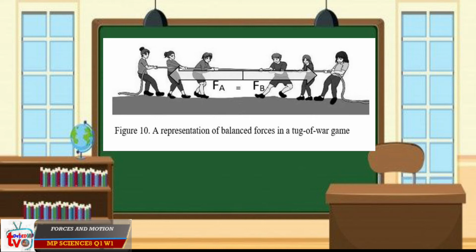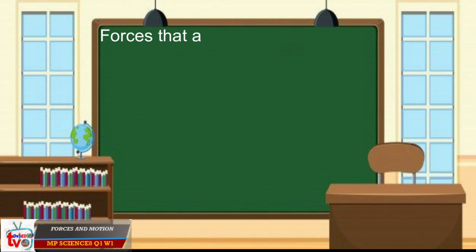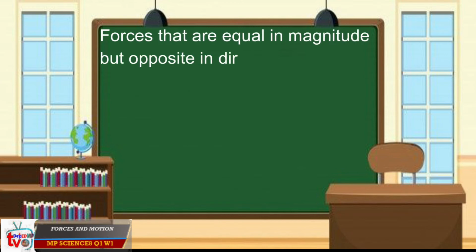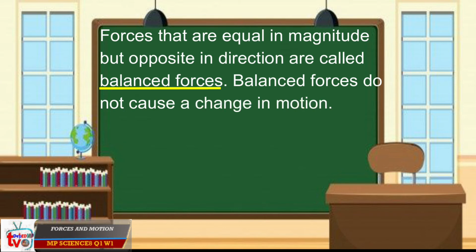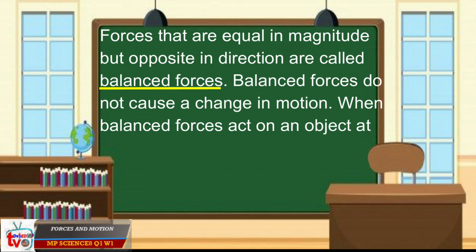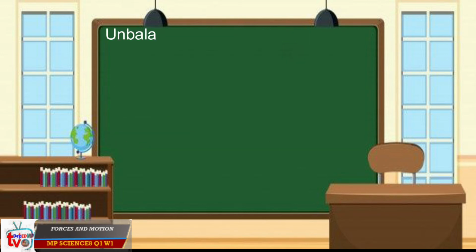Neither team can make the other team move. Forces that are equal in magnitude but opposite in direction are called balanced forces. Balanced forces do not cause a change in motion. When balanced forces act on an object at rest, the object will not move.